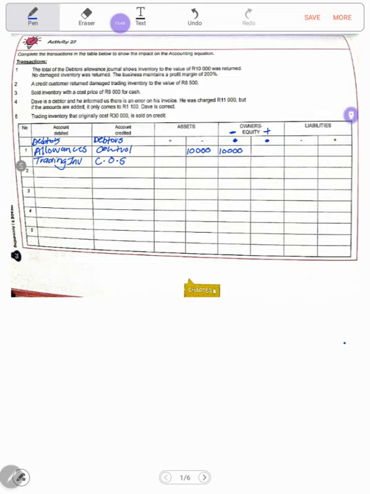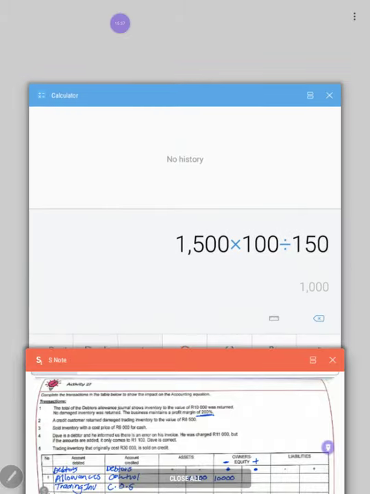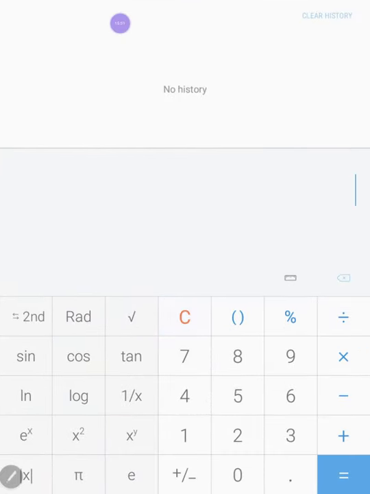We have to work out what is the cost of sales. They gave us the profit markup. So let's go to our calculator. 10,000 and the markup is 200, so we're working out cost of sales.